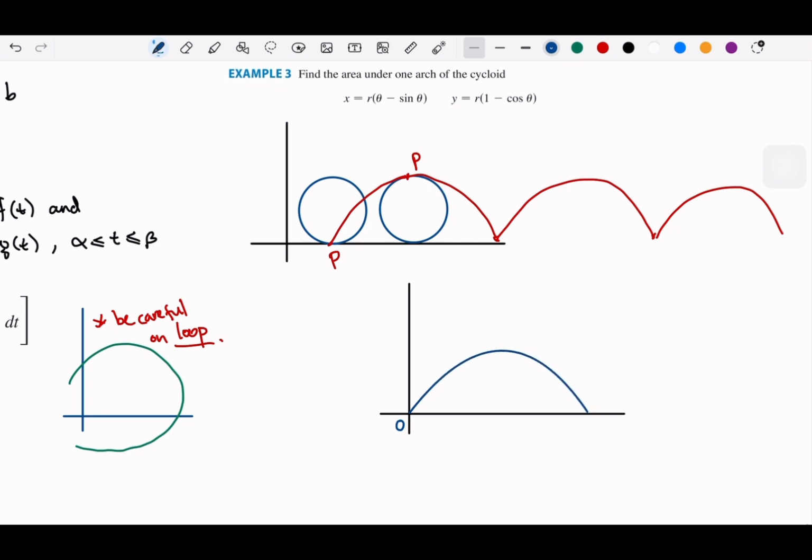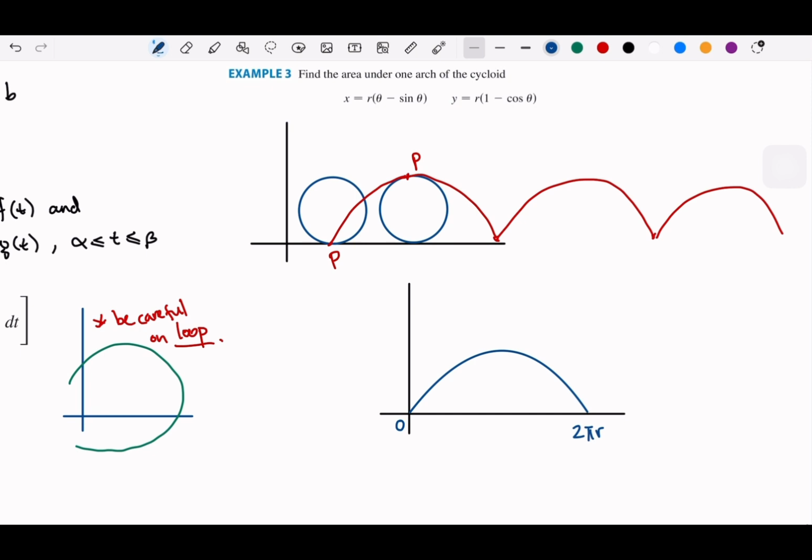Let's say this is one arc of the cycloid. And how much is the distance? The distance for P to go back to where it belongs, to the downside, is the circumference of the circle, which is equal to 2 pi r.